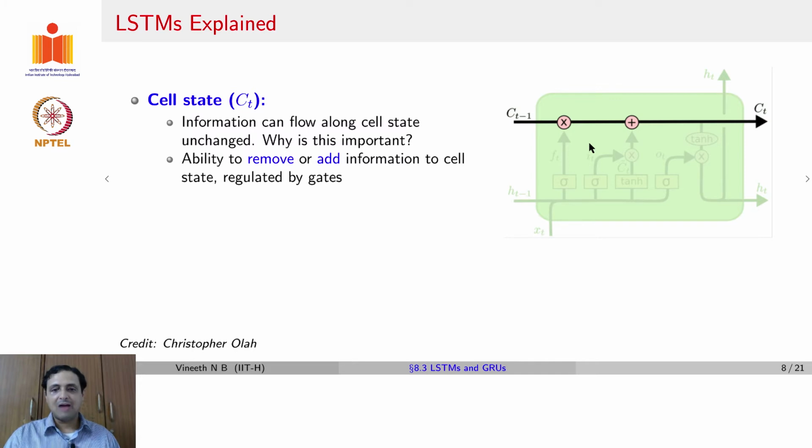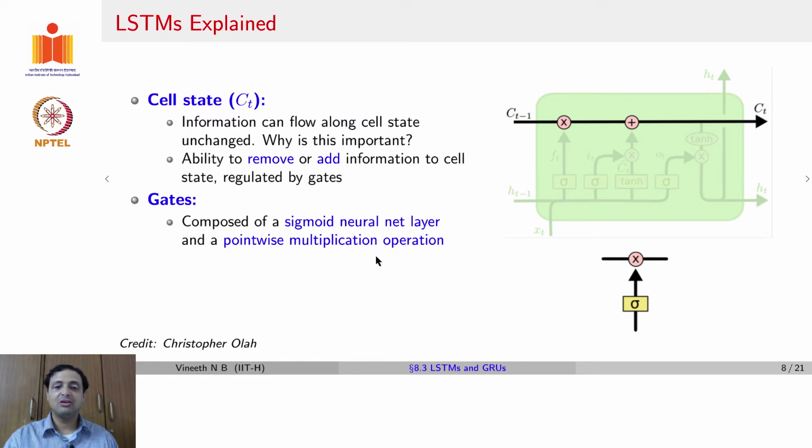The only thing that we have is a multiplication operation here and an addition operation here. The multiplication operation decides whether you want to forget something from a previous cell state Ct minus 1 that contains a sigmoid neural network layer which has a dimension as the size of the cell state and has a value between 0 and 1 for each dimension of that cell state.